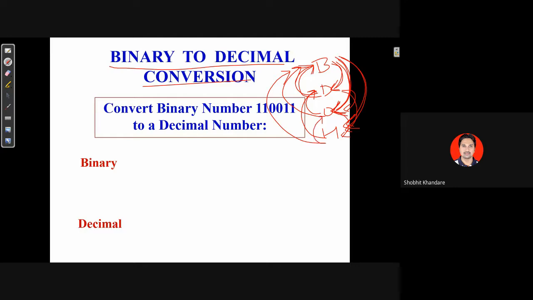So the first important thing is that you should have a holistic view of B, D, O, H and their conversions. We take binary first, then decimal, then octal, then hexa. So we will see the interconversion now.